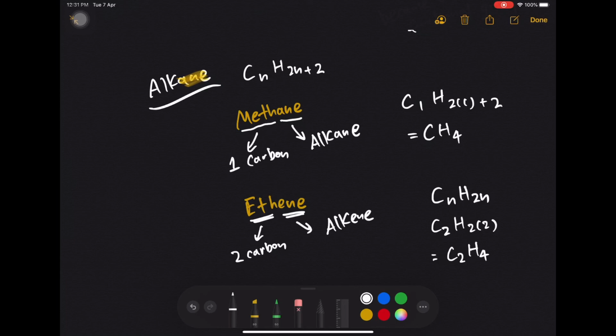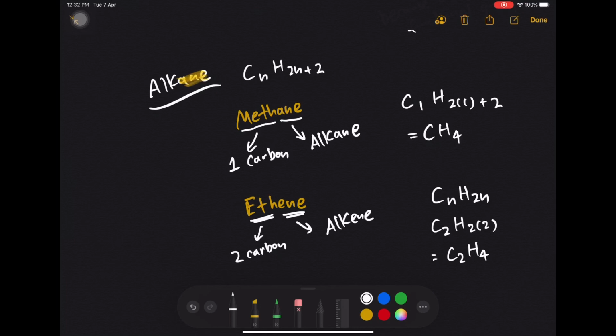But for alkene we do not have methene. Why is that so? Because of the carbon-carbon double bond. But you can see that alkane has only a single bond. So yes, I'll go in depth at a later part of the video, and in another video.